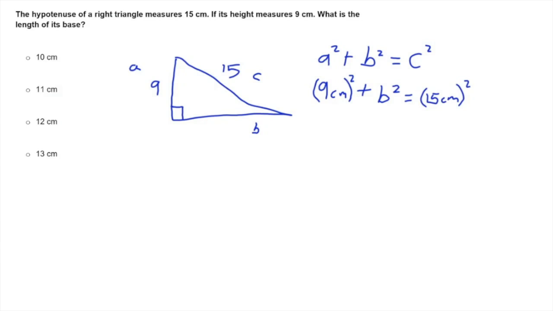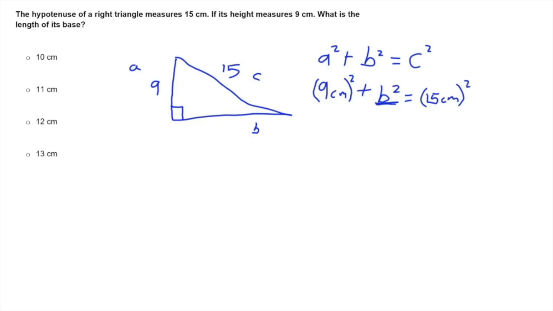Okay, perfect. So now what we need to do is isolate this B squared onto one side of the equation. So the easiest way to do that is first we'll work these out, and then we'll subtract over to the other side. So let's work it out.